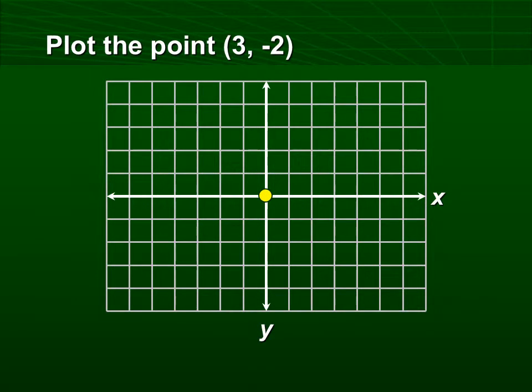If we want to plot a point, remember our first number is on the x-axis and the second number moves along the y-axis. So the 3 means positive 3 to the right on the x-axis, and then the negative 2 means down 2 on the y-axis. So we plot our point and we go ahead and label it 3, negative 2.